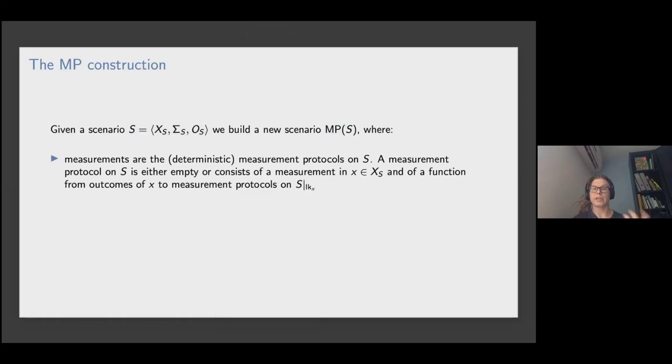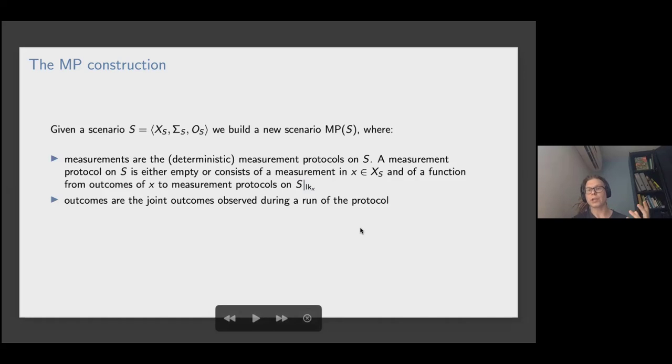And here, a deterministic measurement protocol is something that you can either think of as the empty measurement protocol, which is finished, or then you have something more complicated, which measures something in X, and then based on the outcome, chooses what measurement protocol to do in the remaining part of the box, where the remaining part of the box is given by the link of X. So that means all the measurements that are still compatible with this measurement X that you already did.